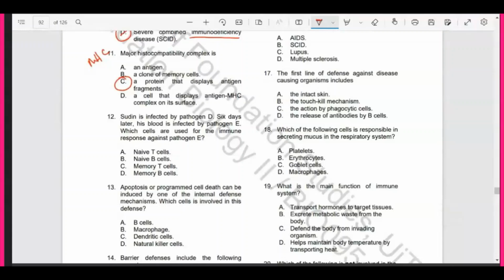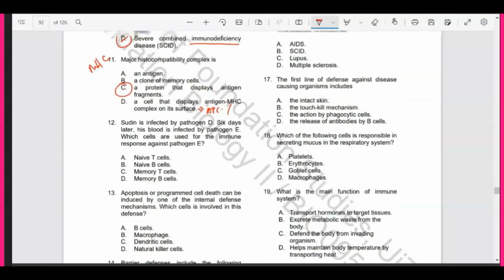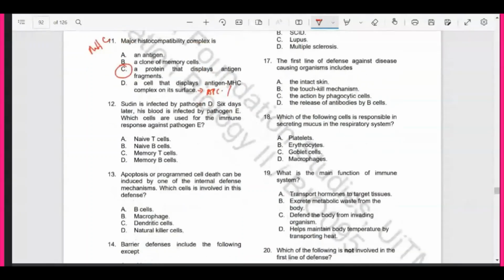Kalau statement dia, a cell that displays antigen MHC complex on its surface ni cannot be. Sebab ini boleh refer kepada sama ada APC kalau dia melibatkan class 2 ataupun infected body cell kalau dia melibatkan class 1. Okay.